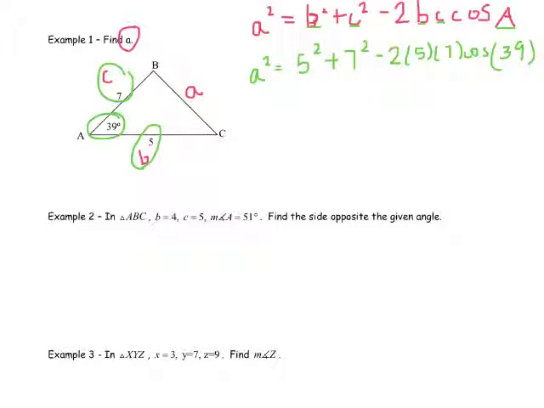Okay, so there's no need to really type this in any fancy way. I'm just going to type all this in my calculator at the same time, exactly how I see it. So 5 squared plus 7 squared minus 2 times 5 times 7 times cosine 39.